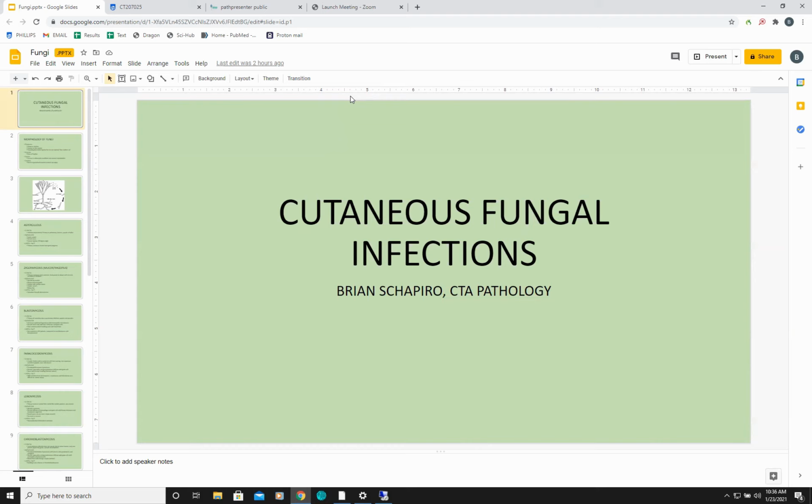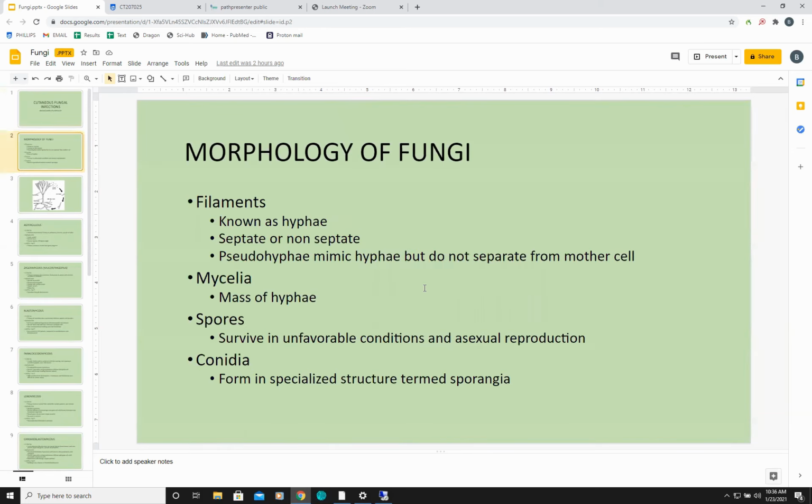So fungal organisms are eukaryotic organisms. They have no chlorophyll. And I thought we'd just go through some of the morphology of fungi. The filaments in fungi are known as hyphae. They can be septate or non-septate. And pseudohyphae are non-septate, but they mimic hyphae because they're elongated, but they don't separate from the mother cell.